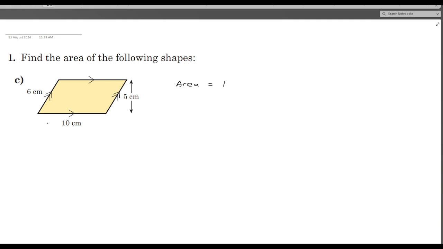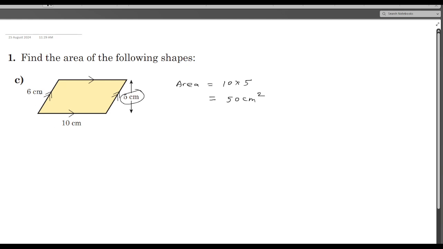Two sides are given, 10 centimeter and 6 centimeter, but the distance between parallel sides, which we can consider as height, is 5. So for this height 5 centimeter, we can consider base as 10 centimeter. So here your area will be base, which is 10, times height, which is 5. So 50 centimeter square is the area of the parallelogram.